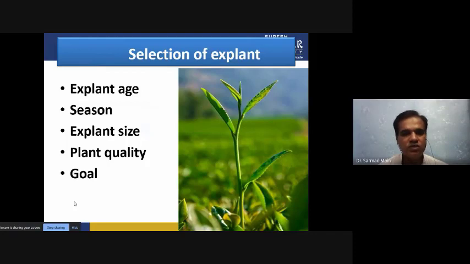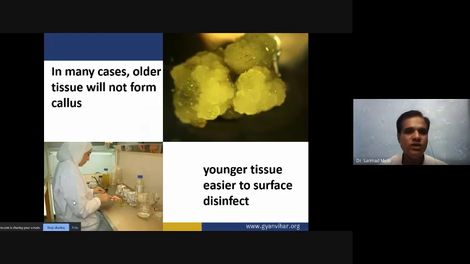So for micropropagation, callus culture is suitable, and when we are generating disease-free plants, we have to choose meristematic cells and meristematic tissues. In many cases, older tissue will not form callus, so we always have to choose younger cells, and these younger cells respond very well in plant tissue culture conditions when we are doing micropropagation.